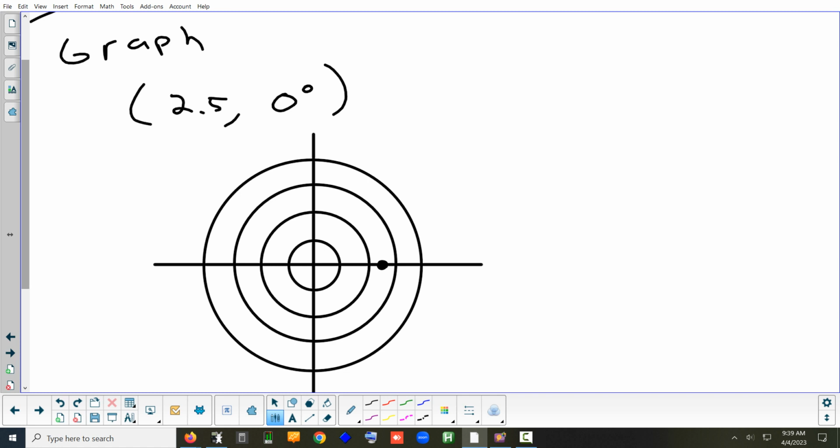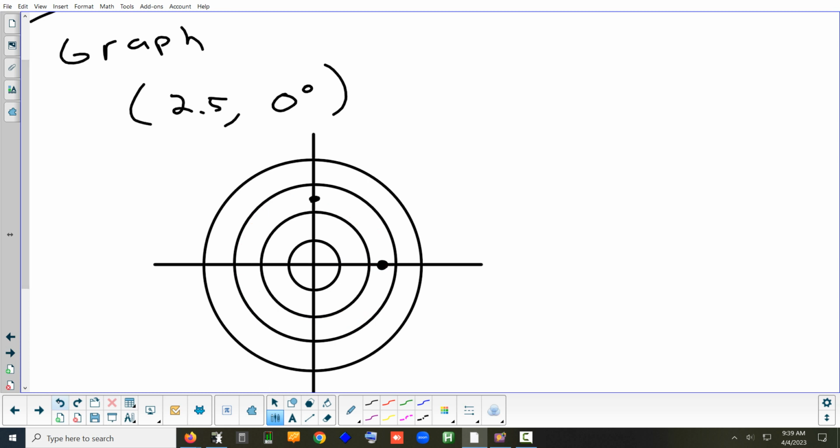So if you had something like 2.5, 90, so now you're talking up here, would you be able to do something like 2.5, 450 if you added 360 to it? Technically you could put that point, and then you could just keep going around as many times as you wanted, and then stop. We don't really count that as a different way if you decide to go around 6 or 7 times before stopping. But yeah, you could.